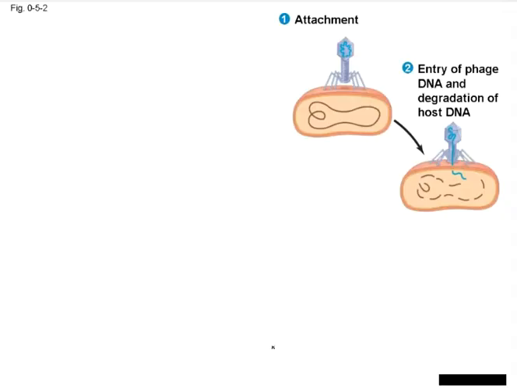So the first step is attachment. The second step is penetration, the entry of the viral DNA into the host, that is the bacteria. The third step is the digestion or breaking of the host DNA into fragments.